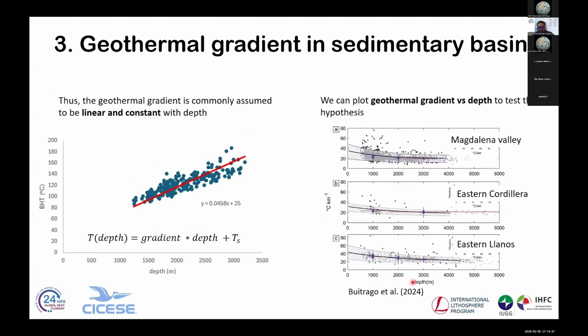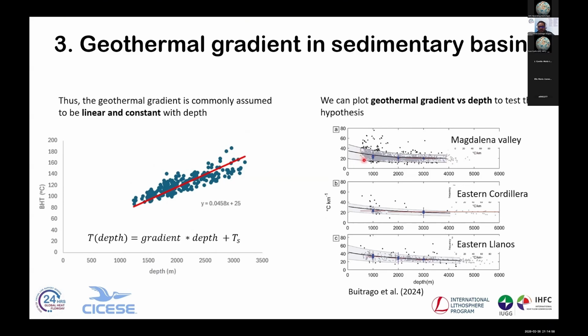In 2024, we calculated some geothermal gradients using BHT and well depth for three different sedimentary basins in Colombia. And we observed this trend of the geothermal gradient, which is not constant with depth.